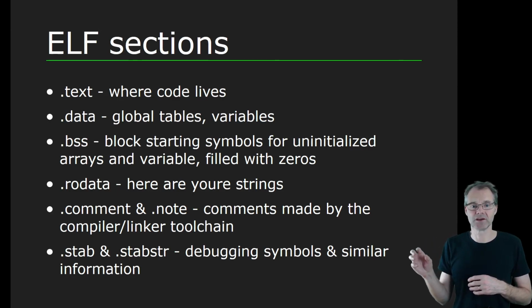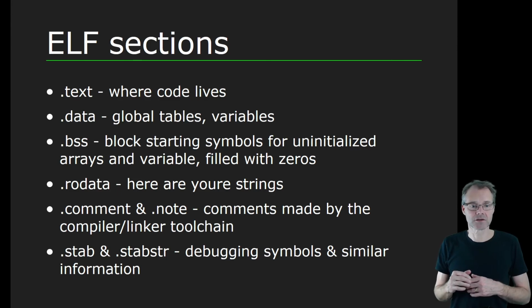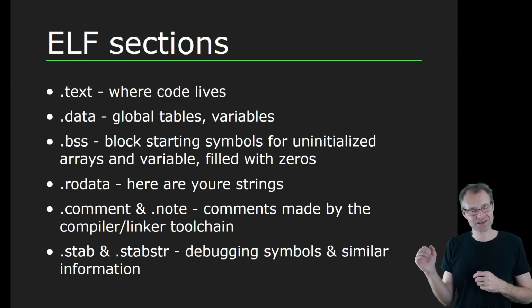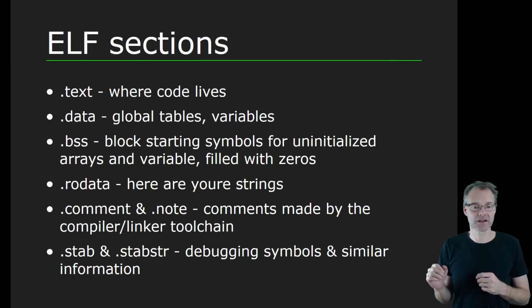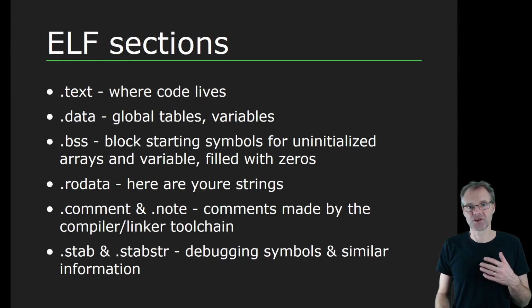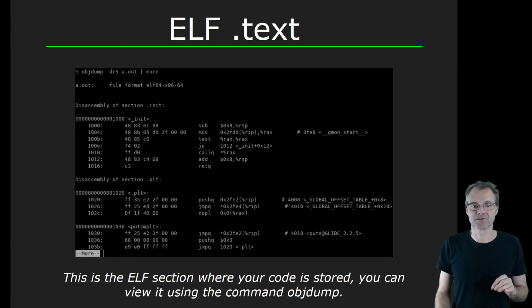They are to be initialized when we run the program and usually should be filled with zeros. We have a .rodata section where our strings are, and I guess our hello world string would be there. And then we have a few other sections containing different aspects of the executable in this ELF file format.